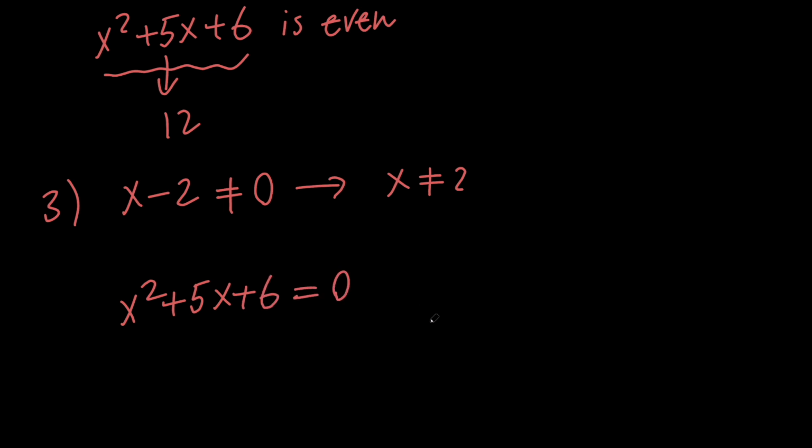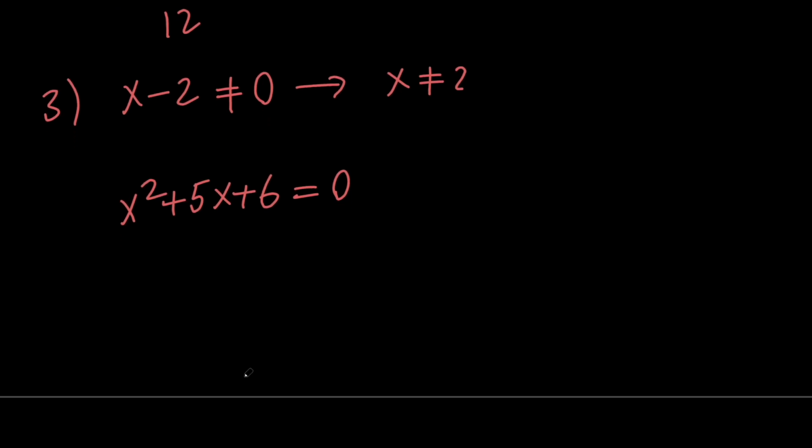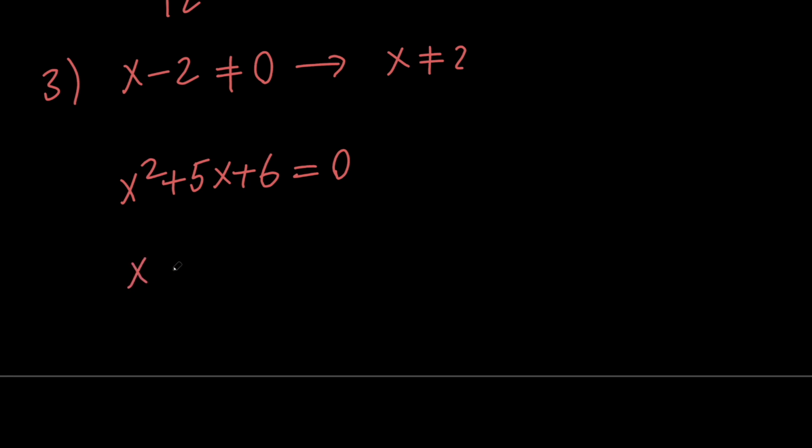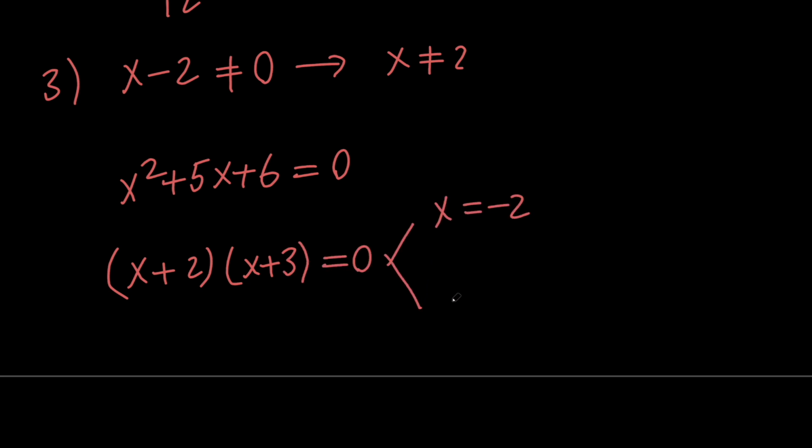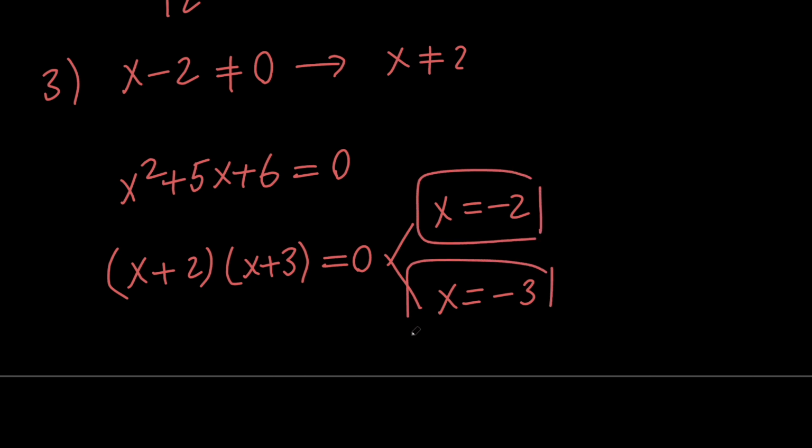This is a quadratic equation, so we can solve this using different methods. I'm going to go ahead and use the factoring method, and I'm going to factor the left-hand side into x plus 2 times x plus 3, right? That means that x either equals -2 or it is equal to -3. And none of these two values is equal to 2. That means that both of them are valid solutions, right?